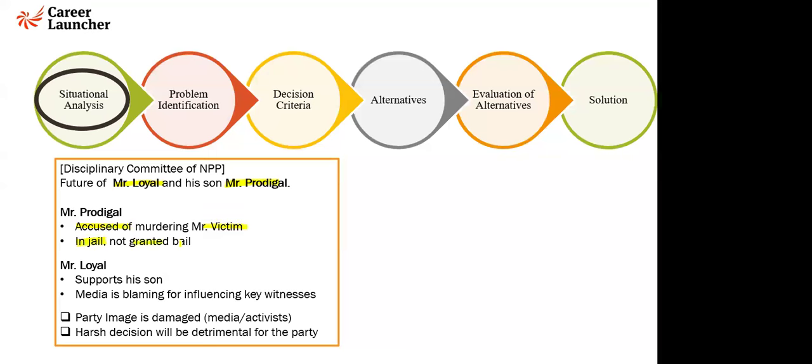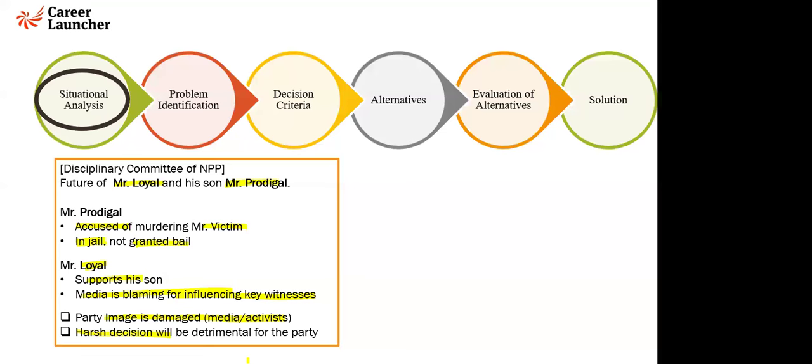He's in jail and has not been granted any bail. Mr. Loyal supports his son, and media and the opposition parties are blaming him for influencing key witnesses. Because of which the party image has been damaged, and any harsh decision will be detrimental to the party because Mr. Loyal has a significant following within the party.